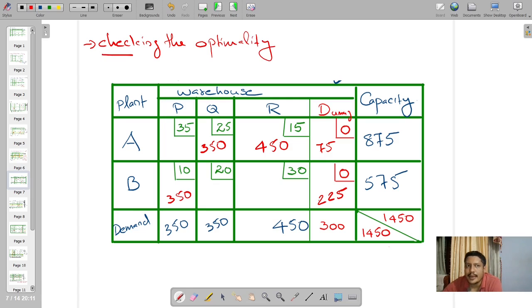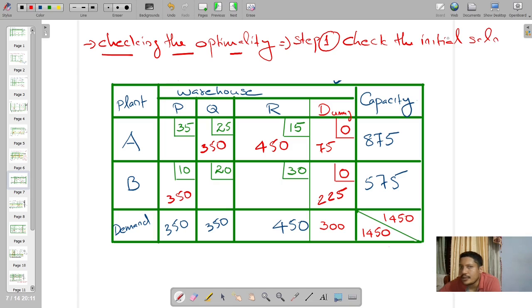In checking the optimality, step 1 is to check whether the initial solution is degenerate or not.